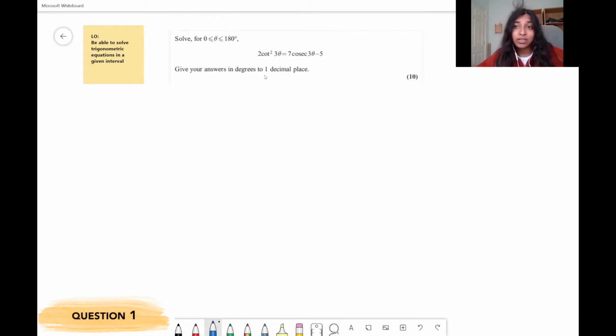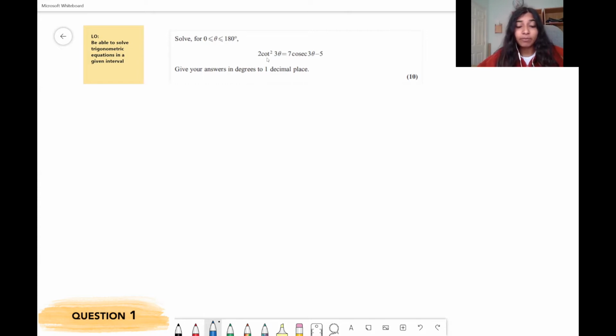So the first thing you need to recognise with this equation is that they're involving a mixture of cot and cosec, which we can't have. So we want to try and see if we can use an identity to sub one of them in terms of the other.